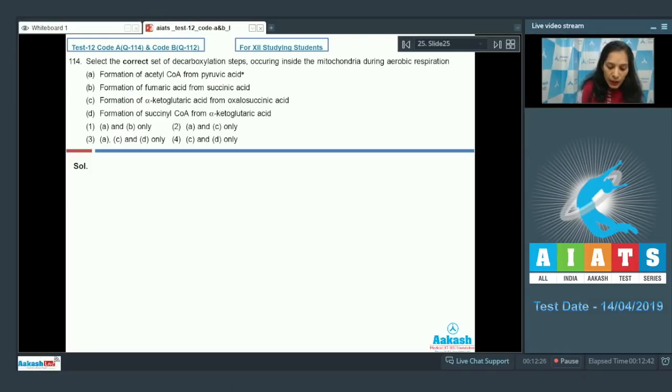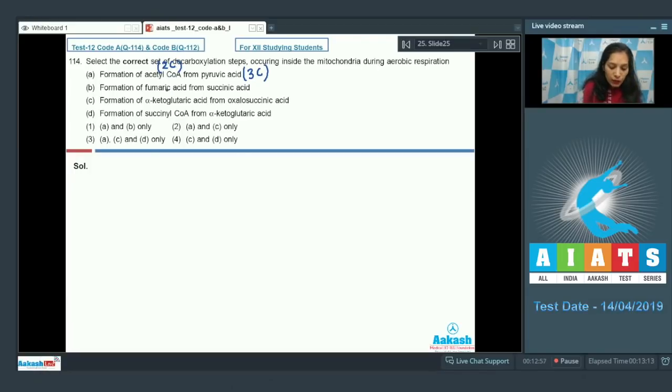For example, pyruvic acid is a 3 carbon molecule, and acetyl coenzyme A is a 2 carbon molecule. Definitely there is removal of CO2. So formation of acetyl coenzyme A from pyruvic acid is a decarboxylation step. If you remember the number of carbons in the molecules, you can easily solve these types of questions.